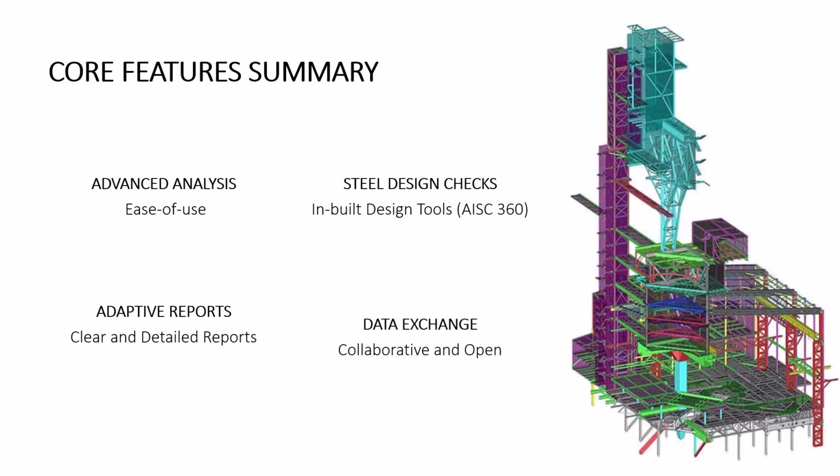Finally, I hope that you got an idea of our commitment to openness and collaboration by the many options you have for data exchange. Sadly, we need to move on now, but I hope that you saw that SCIA is an integrated analysis and design program. It's one program for modeling, analysis, design, and reporting, all streamlined into one workflow.